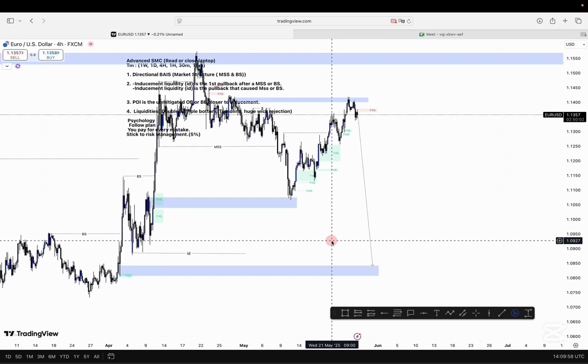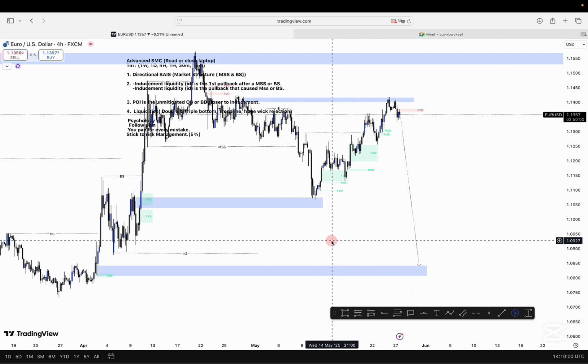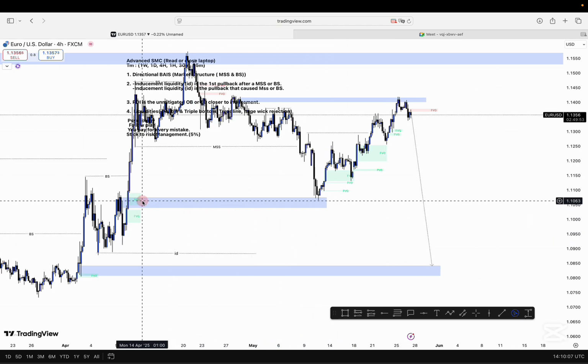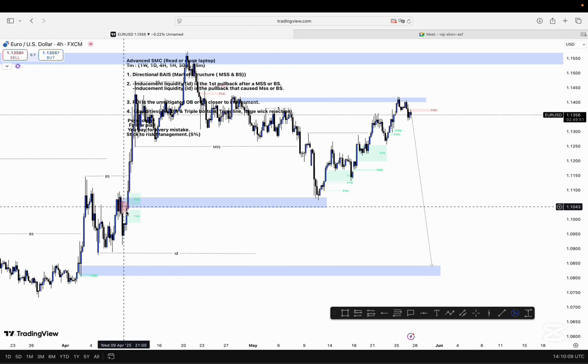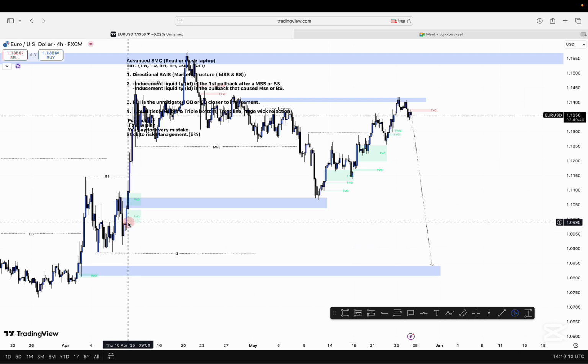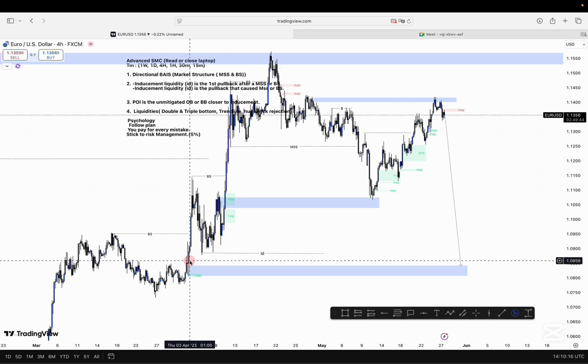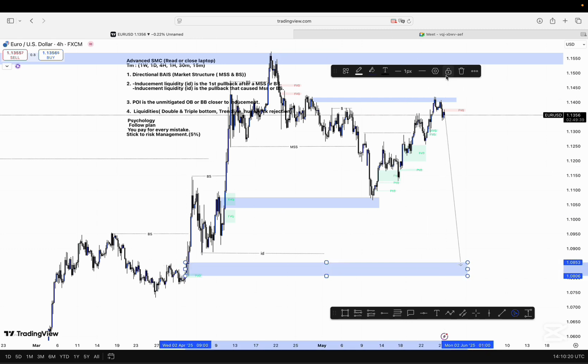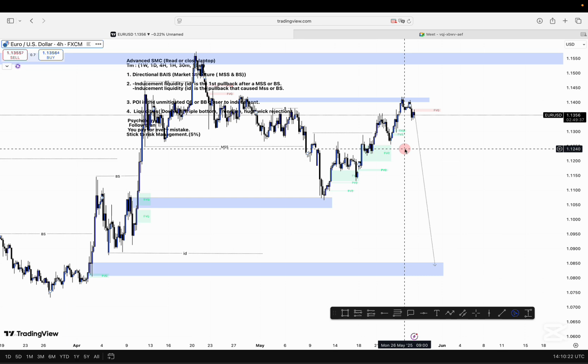Can you see? Yeah, I can see it. And since price used this breaker block, I'm no more interested in this other block again. I'm much concerned about this other block. And now we're looking for sales opportunities.